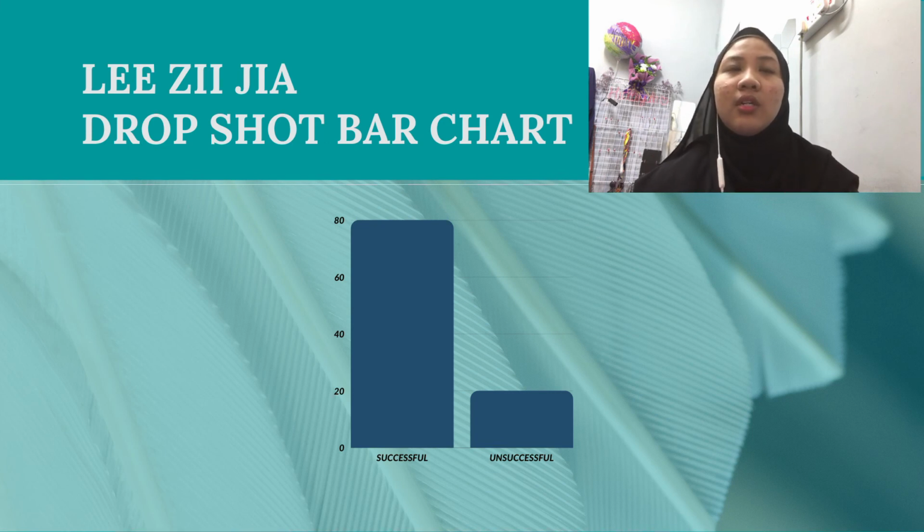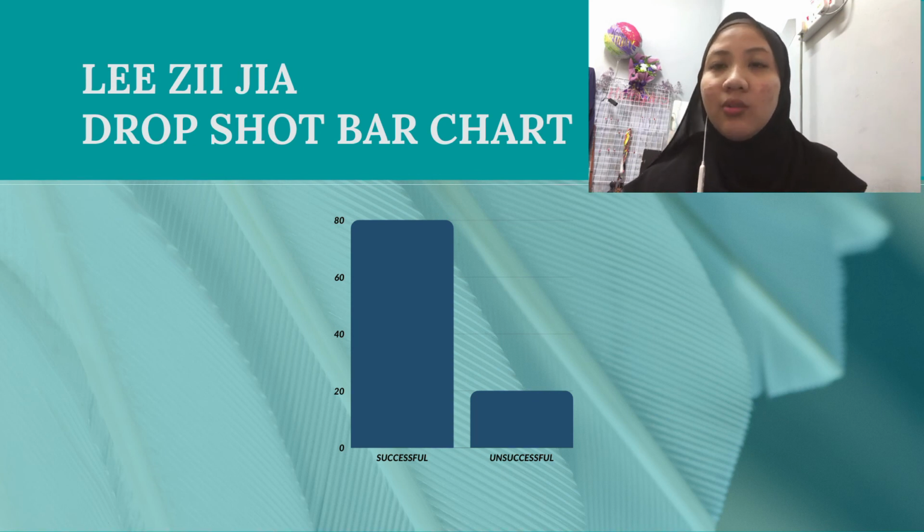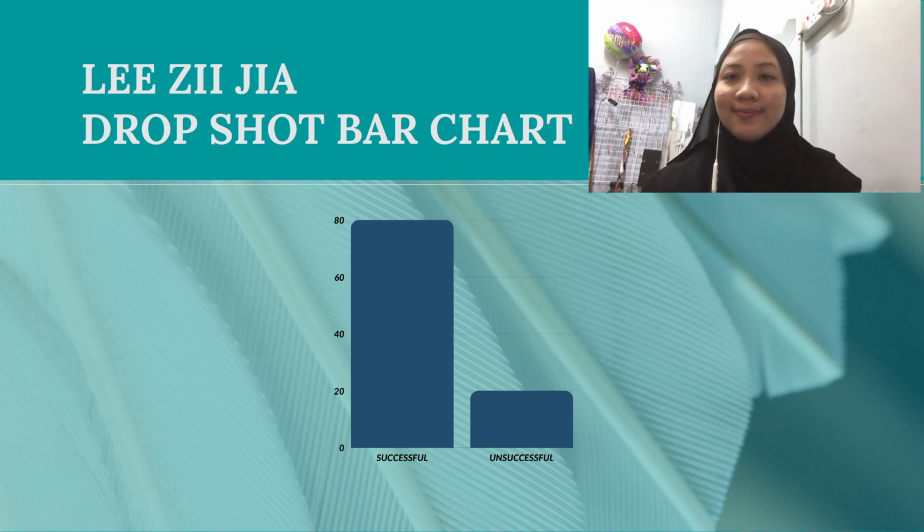It represents 80% and 20% because the total number of drop shots is 10. So the successful ones are 8 out of 10 and the unsuccessful ones are 2 out of 10. So it obviously represents 80% and 20% of the drop shots.